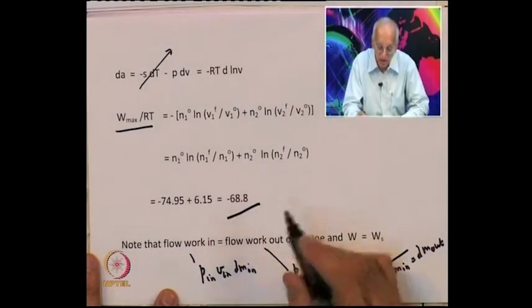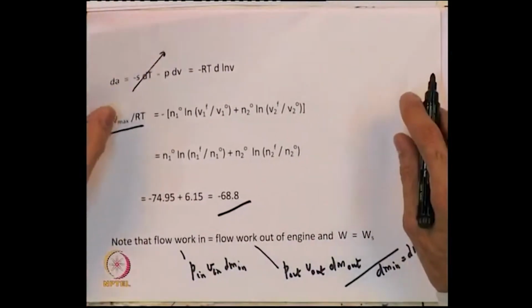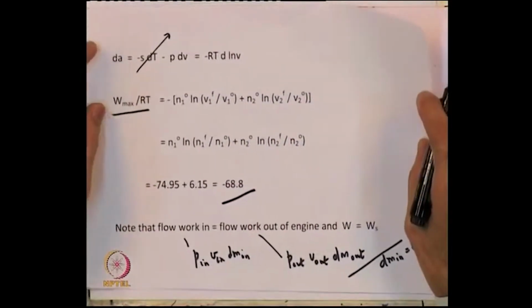But notice that this calculation using the closed system concept is much faster, much simpler than the calculation using the open system. In this case the problem is fairly simple, the two do not matter, but in many cases by choosing the system correctly it is possible in fact to simplify the problem considerably.